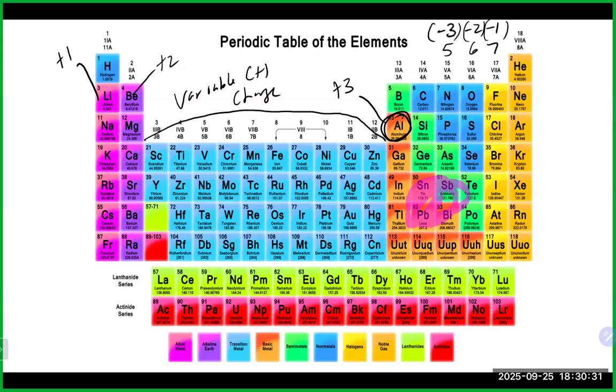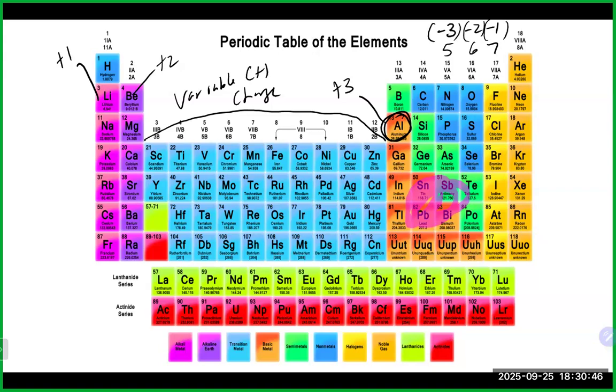Even though they're not transition metals, technically speaking, they are metals along the staircase. Things like tin, antimony, lead, bismuth can also make a variable charge.